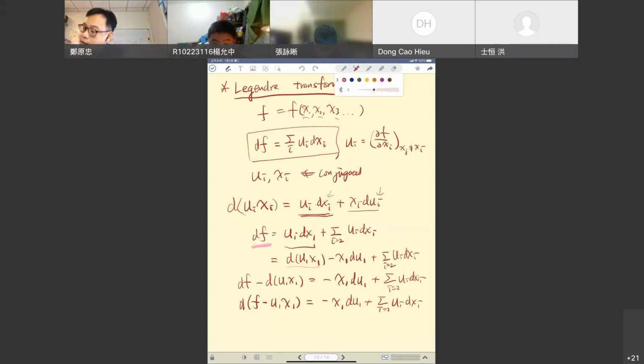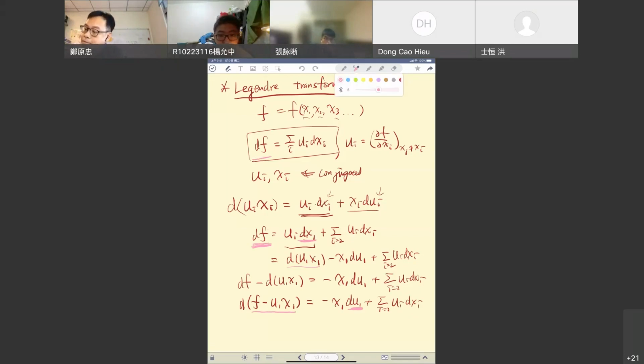And you see that f is a natural function of s1. But this new function f minus u1 s1 is a natural function of u1. We switched the natural variable.